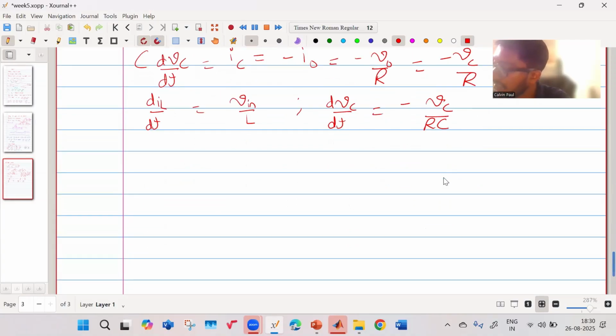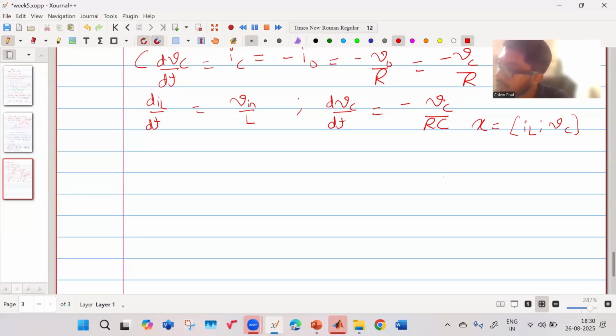Now, I will write the state space form. So in state space form, I will consider my state vector x equal to my inductor current and my capacitor voltage. Okay, don't get confused by advanced terms like state, vector, all that. I'm just taking two states, inductor current and capacitor voltage, in this sequence because this is a sequence we generally use.